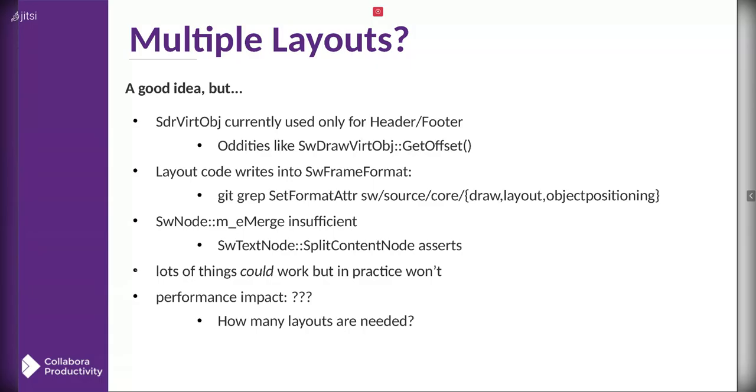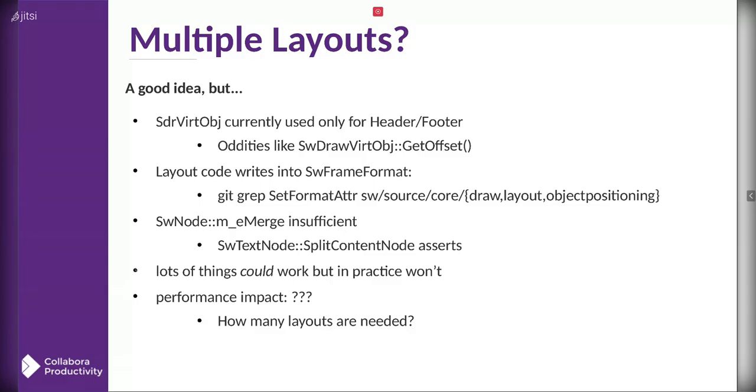Yeah, but there are some problems in the way here. So these are some obvious ones that I'm aware of. So currently, the virtual objects are only used for the headers and footers.